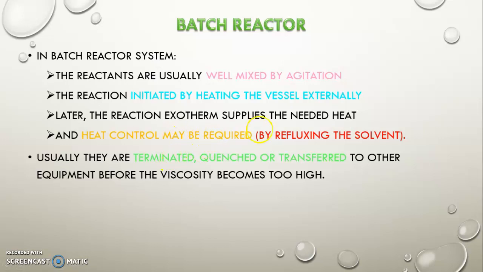Okay, so dia juga akan di-quench ataupun rapid cooling, ataupun dia akan ditransferkan. Okay, so material dalam tu, polimer dalam tu, dia akan ditransfer kepada equipment lain sebelum viscosity dia meningkat. Okay, so high viscosity ni dia akan produce trommsdorff effect, okay, which is not good, which can lead to gelation.